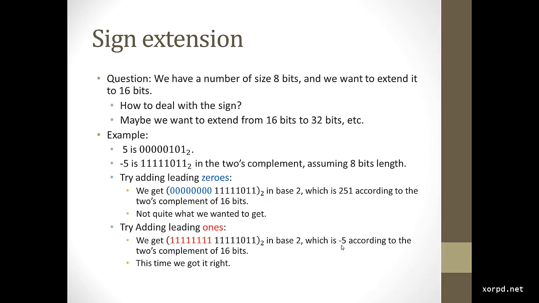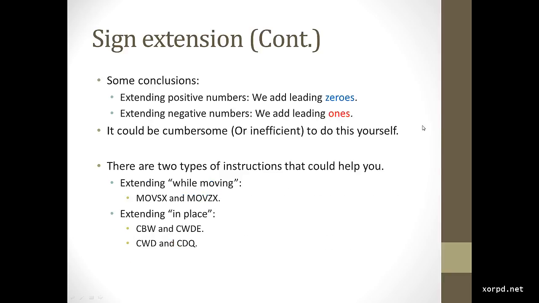So this time we got it right. Maybe we can get some conclusions from this example. It seems like extending positive numbers could be done by adding leading zeros. However, if we want to extend negative numbers, we should add leading ones.